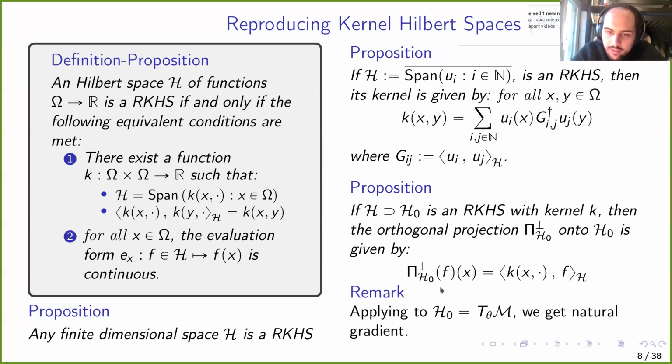And the main fact is that the projection into a space that is an RKHS is defined through this formula. So in fact, here we compute the projection, and what this proposition states is that this projection is simply given by taking the scalar product between the kernel of H0 and the function f.